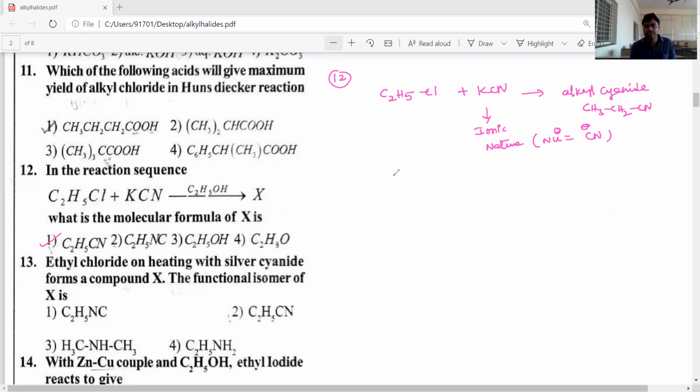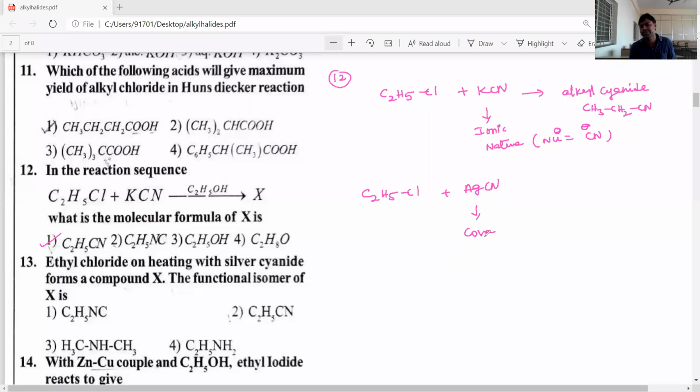Now in the same way, C2H5Cl reacts with AgCN. Silver cyanide has more covalent nature because Ag plus has a pseudo inert gas electronic configuration. So the ions which have a pseudo inert gas configuration have more covalent nature. The ions which have an octet electronic configuration have more ionic nature.